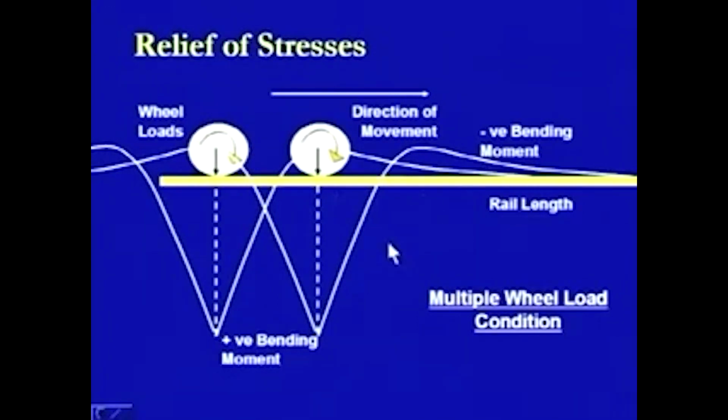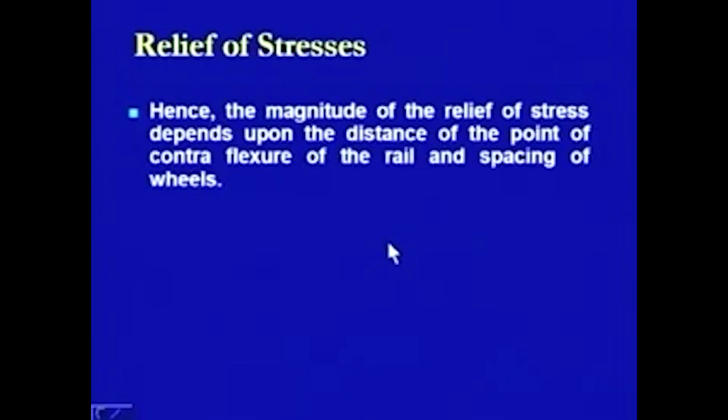We will be looking at all those things further. So, here what we found is the magnitude of relief of stress depends upon the distance of the point of contraflexure of the rail and spacing of wheels. This is the conclusion as far as the relief of stresses is concerned.